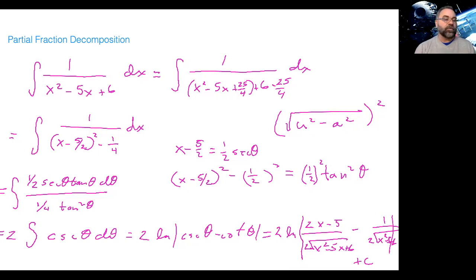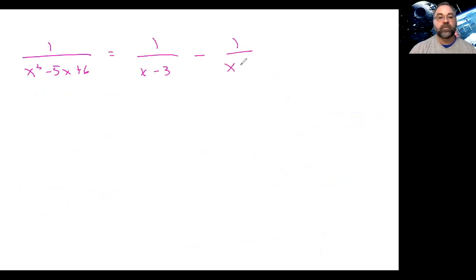So what partial fraction decomposition says is, yeah, we could do it that way. But if you were to recognize that 1 over x squared minus 5x plus 6 is equal to 1 over x minus 3 minus 1 over x minus 2. Sorry, it's a plus 6 at the end, so that's got to be a minus 2 there.